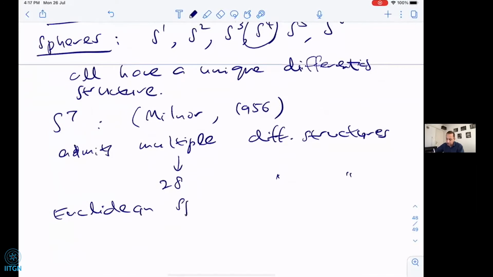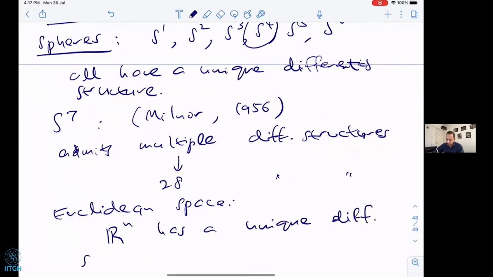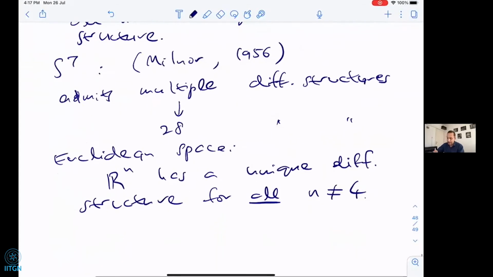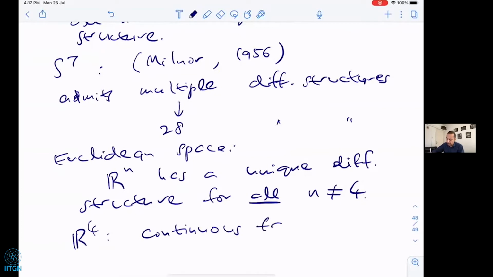Okay, for Euclidean space, the result is even more tantalizing. Rn has a unique differentiable structure for all n not equal to 4. But R4 has a continuous family of differentiable structures.